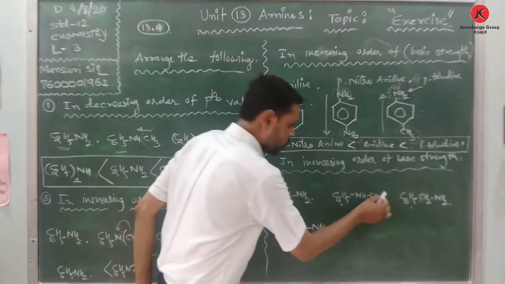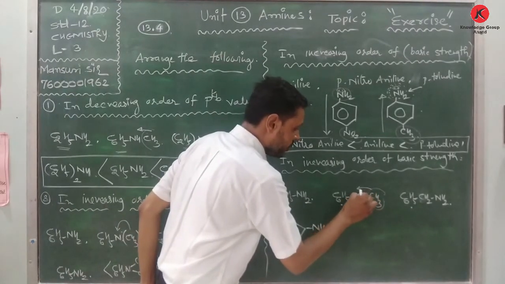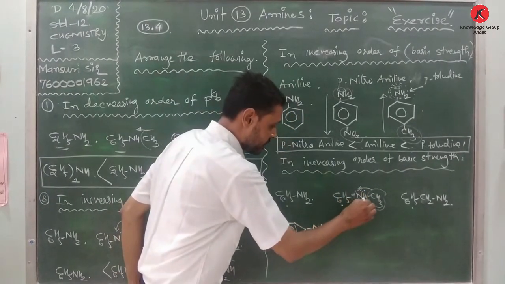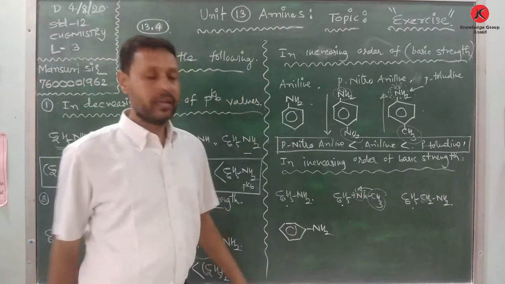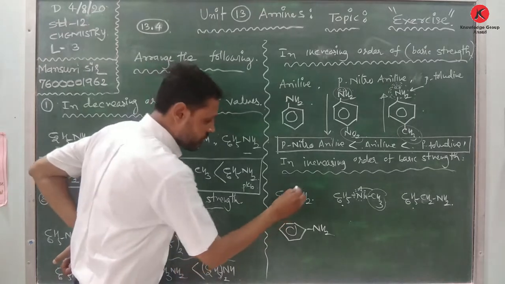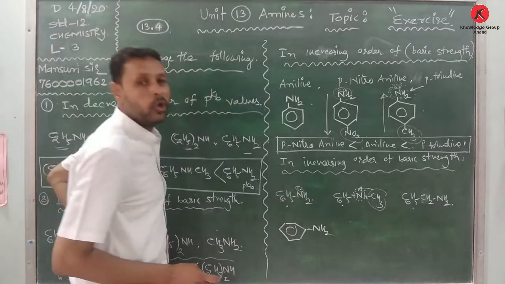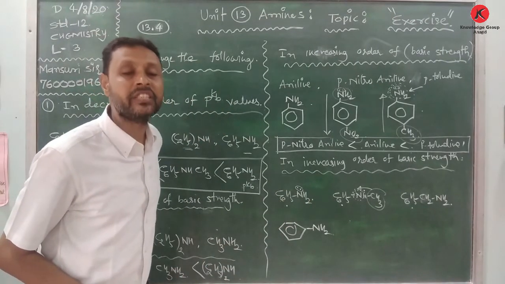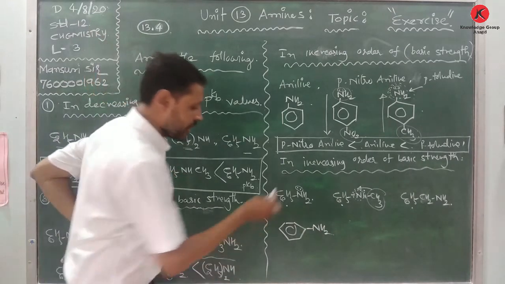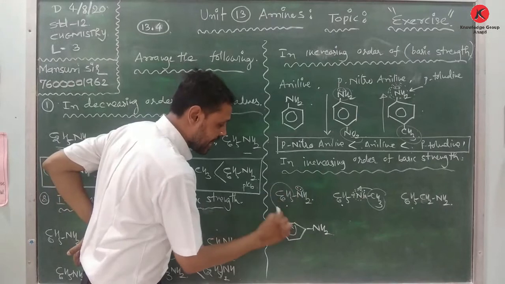So the methyl group will be donating electrons to nitrogen. That is why basic strength will increase. Here resonance will be there. That is why the lone pair electrons of nitrogen participate in the resonating structure, so electron density will be less.